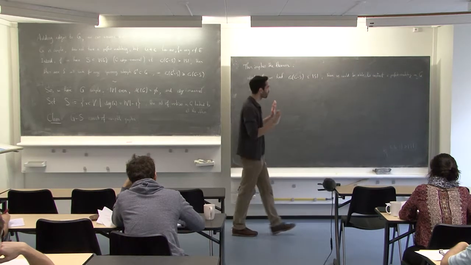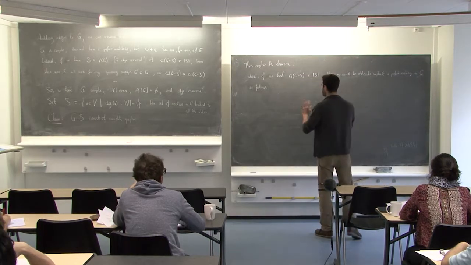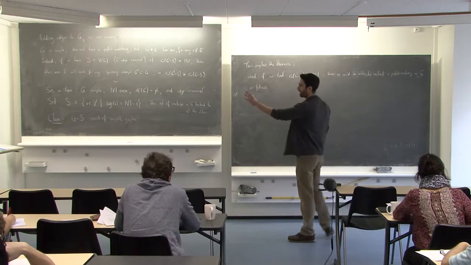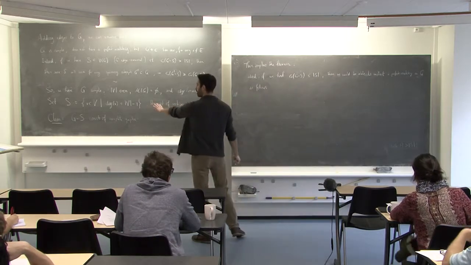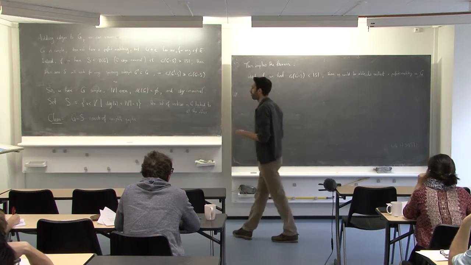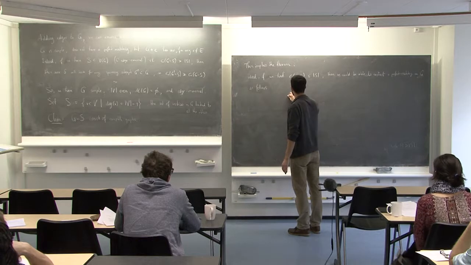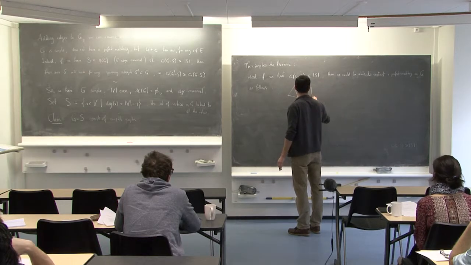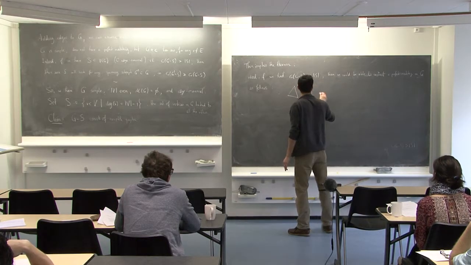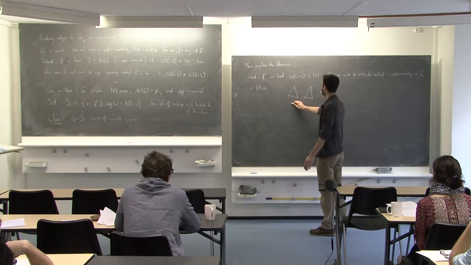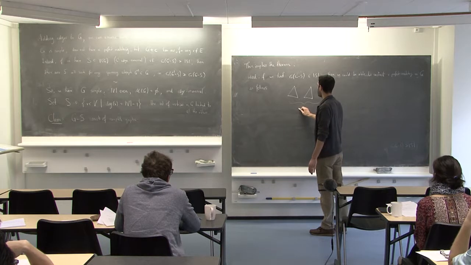So what I'm going to do is just start with the drawing. We have the claim which tells us G minus S consists of complete graphs. So we have some odd complete graphs. These are odd components.